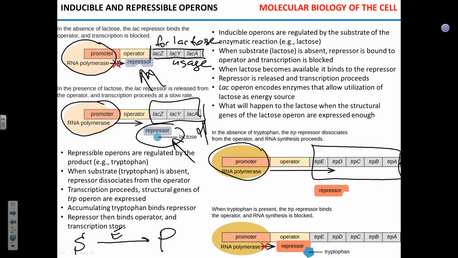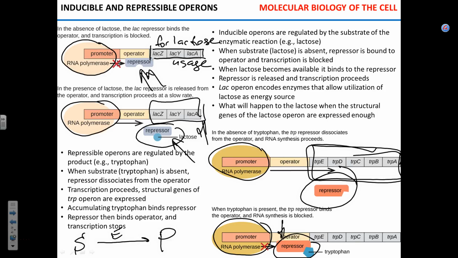These genes are expressed, and the proteins that are encoded by these genes make a metabolic pathway which ends up in synthesis of tryptophan. When tryptophan in the cell accumulates to certain levels, it binds to the repressor. The complex binds to the operator and transcription stops.